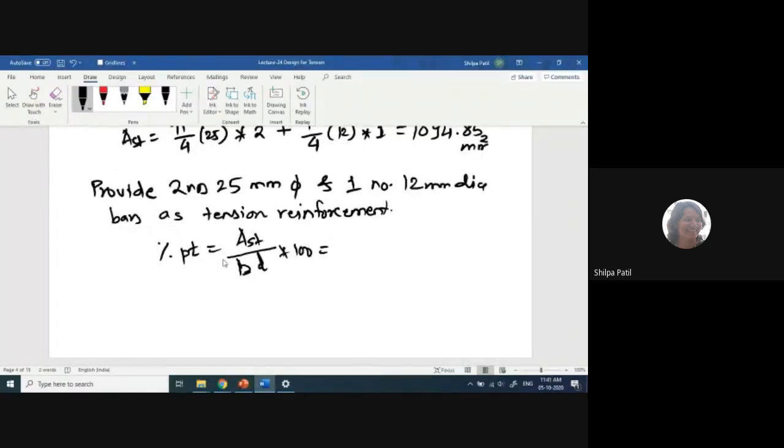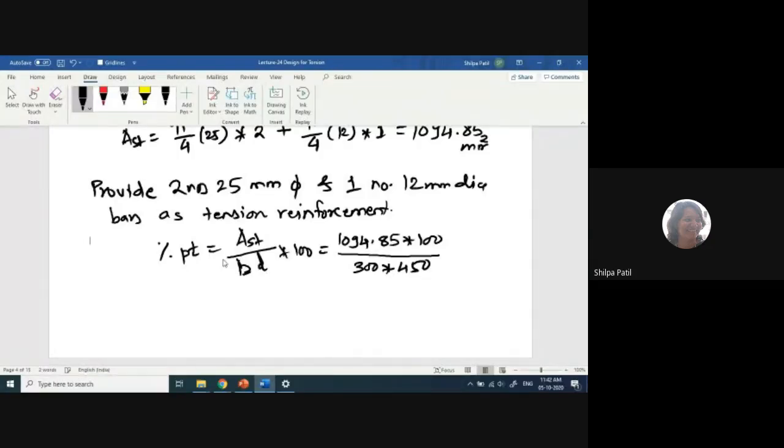Use this value, 1094.85 into 100 divided by 300 into 450.